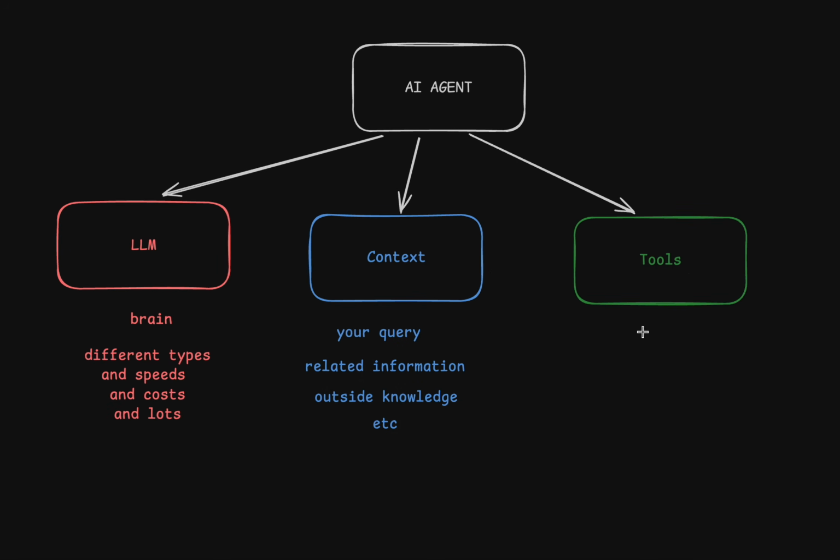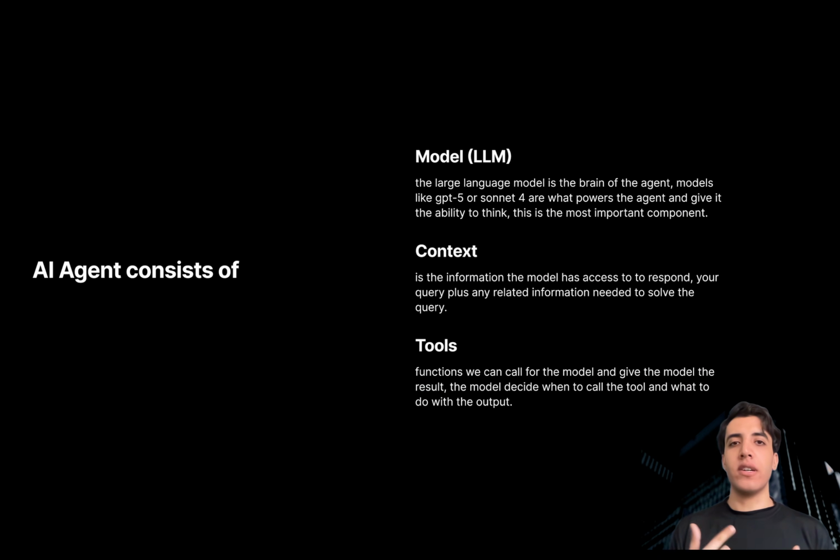The tools are also a very important component in order to build an AI agent. Tools are basically functions that we call and give the answer of this function to the LLM in order to solve a certain query. So let's say you want to know the weather in a certain city. The LLM by itself does not have this information, because it's not going to be the actual weather that you want to retrieve.